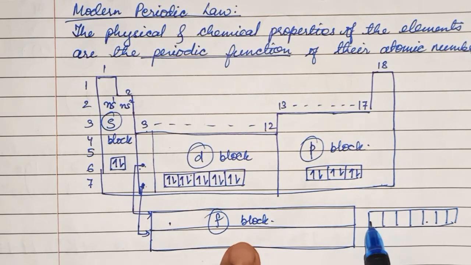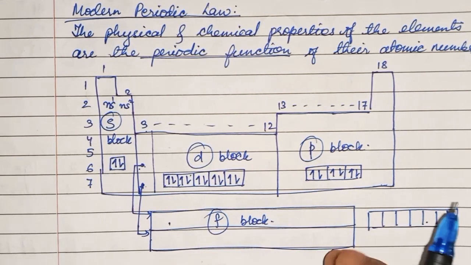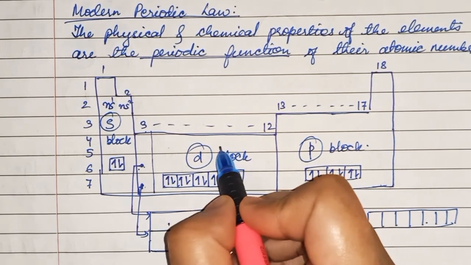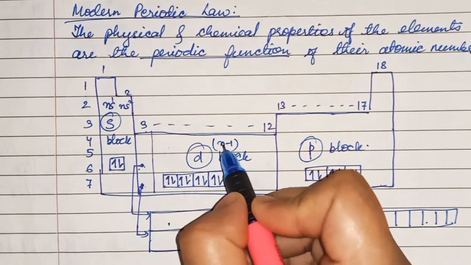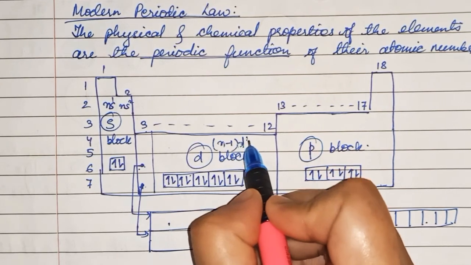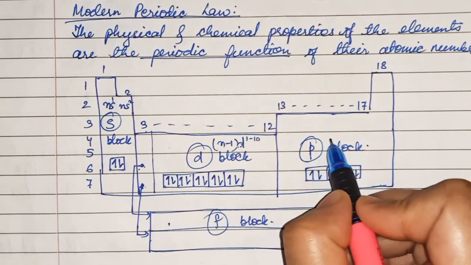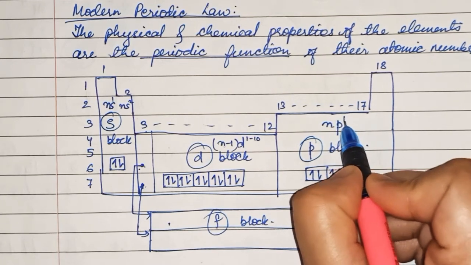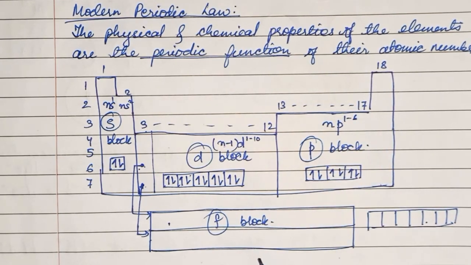So it will go like that. This one is the f block. Here you can write (n minus 1) d 1 to 10. For p you can write n p 1 to 6. So like this you can write for each block.